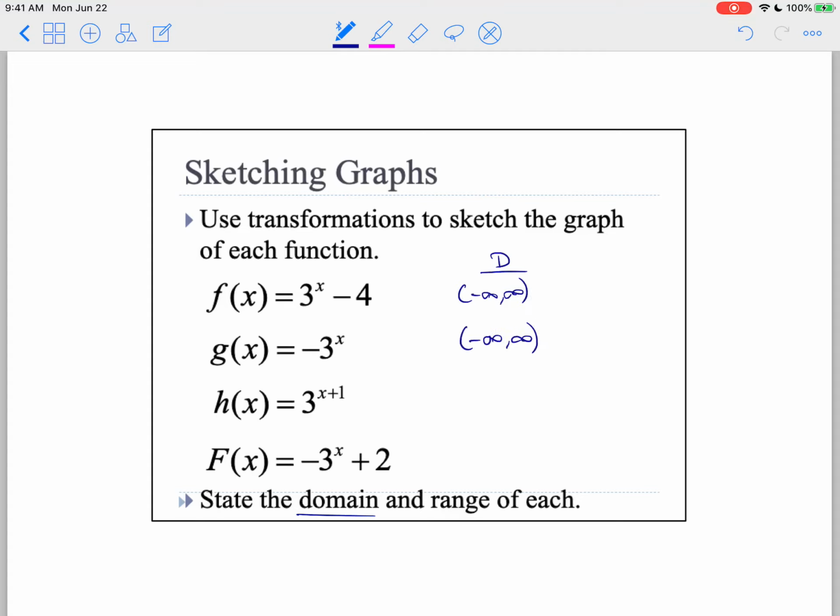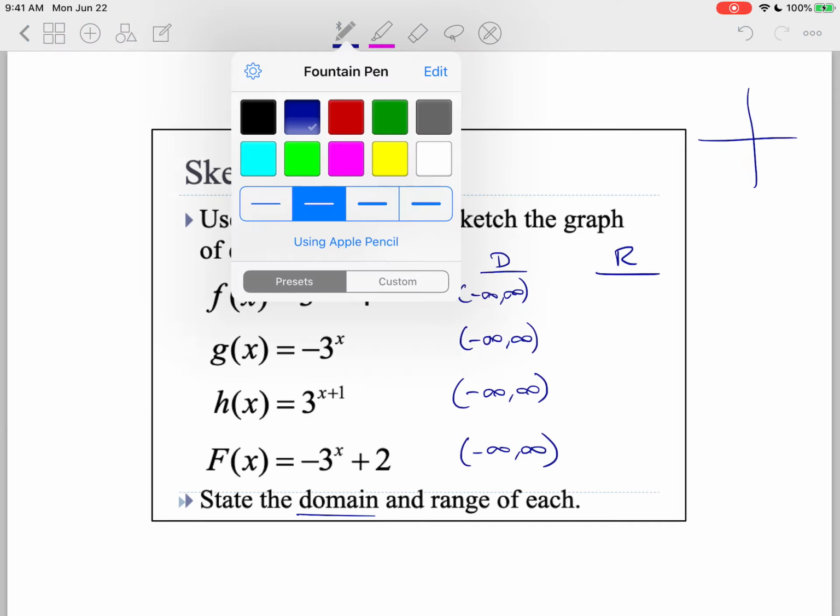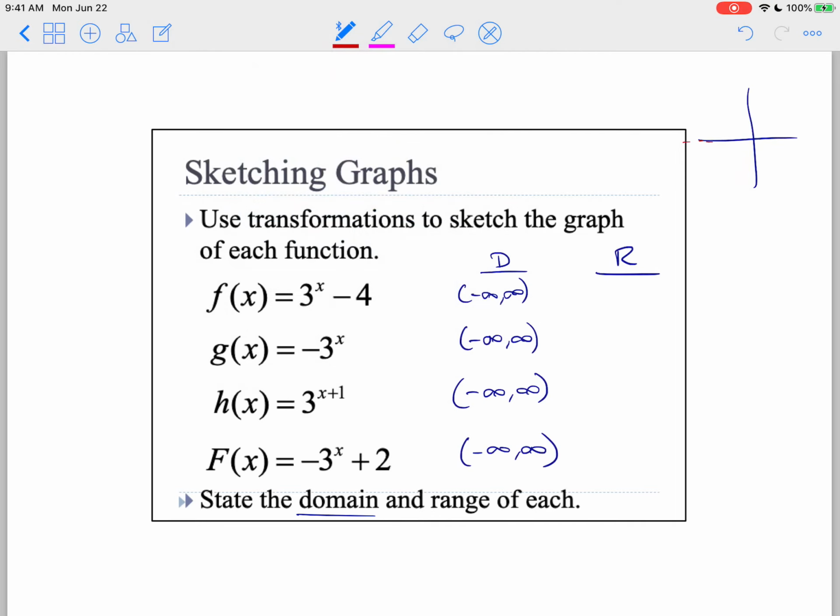You don't need to know anything about it other than it's an exponential function, and that tells you that the domain is all real numbers. Now the range, remember when we first graphed one of these, we talked about there being a horizontal asymptote along the x-axis.